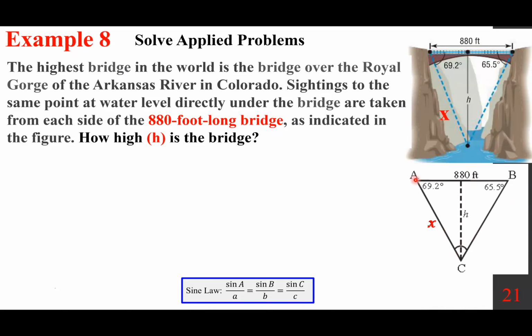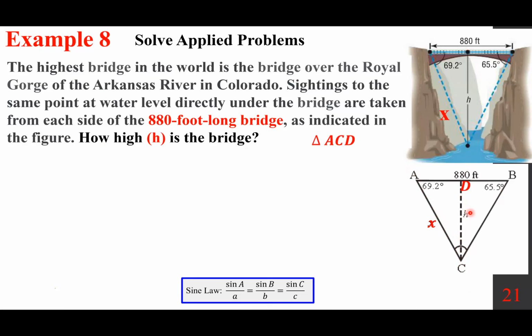This distance, we call this A, we call this B. This distance of AB is 880 feet. This angle A is given at 69.2 degrees. This angle is given at 65.5 degrees. We called this distance x. How high is the bridge? We are interested in finding the h.